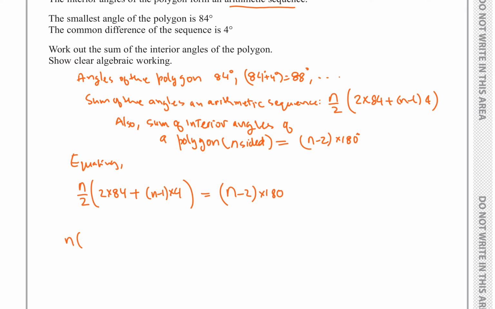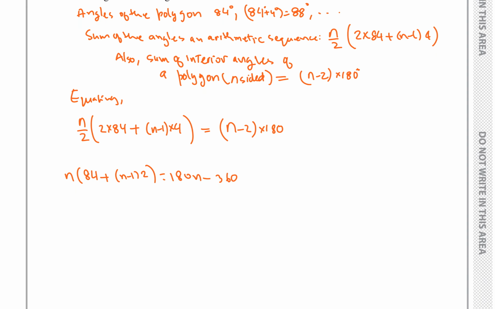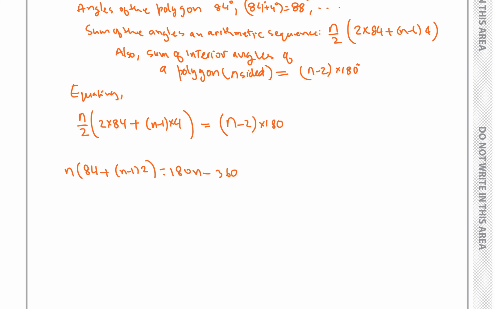It will be n times 84 plus n minus 1 times 2 is equal to 180n minus 360. So removing this bracket, we get 84n plus 2n times n, so 2n squared minus 2n is equal to 180n minus 360.